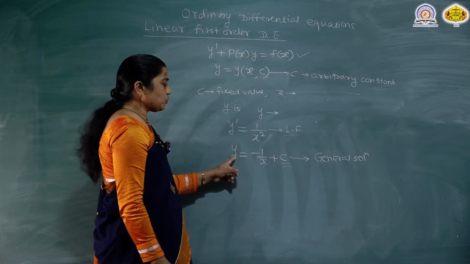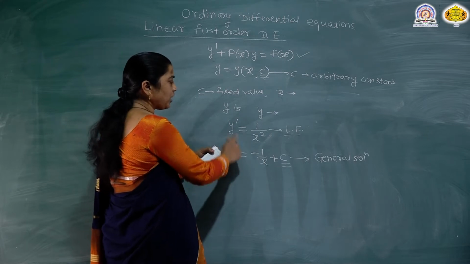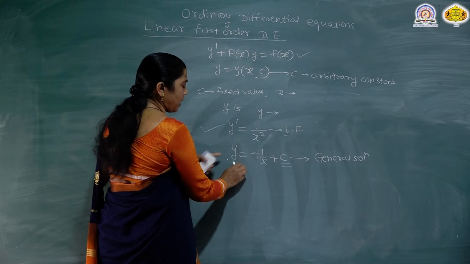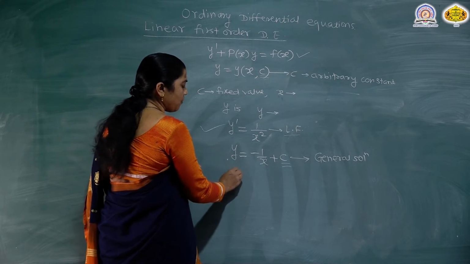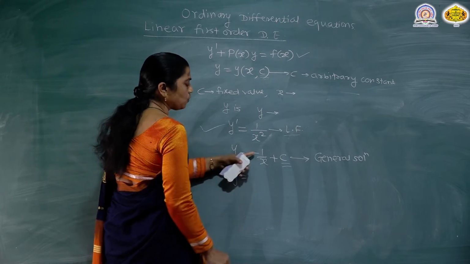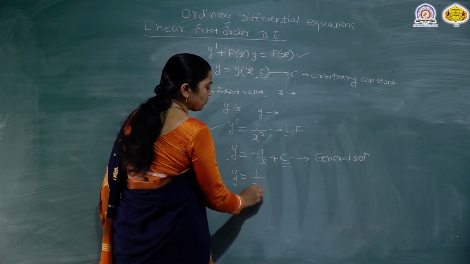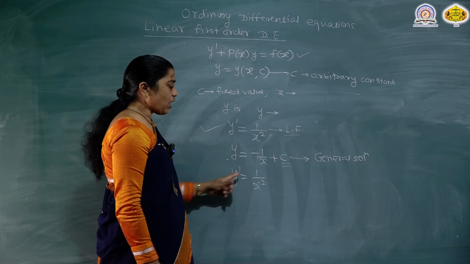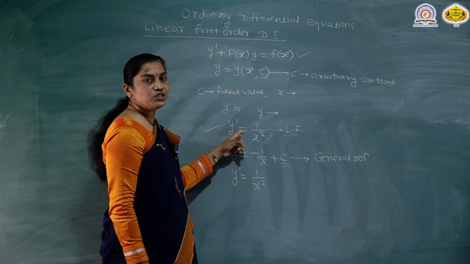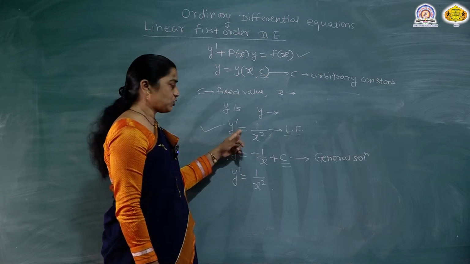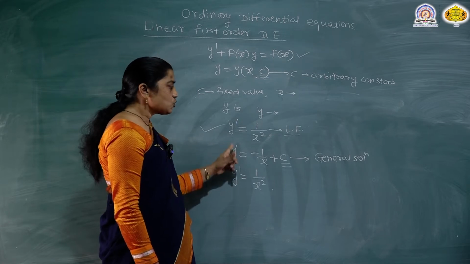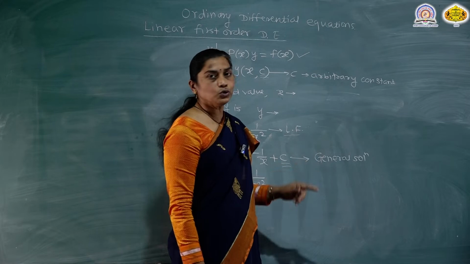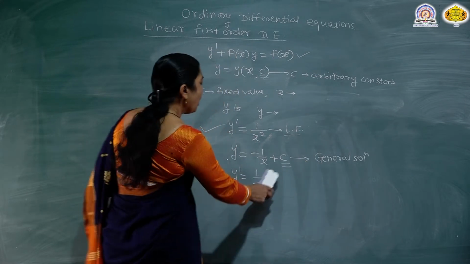Why is this a solution? Because if you differentiate it, we get that this equation is satisfied. Differentiating y, we get y dash is equal to 1 upon x square, which is our original differential equation. So this is known as the general solution of the differential equation.